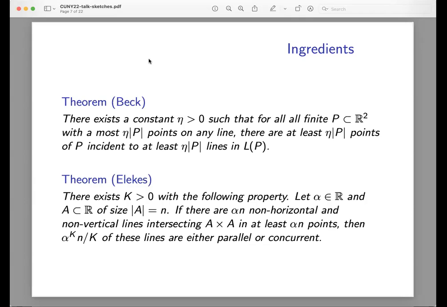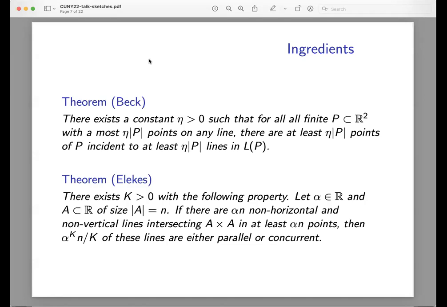This is Beck's theorem. It's called the two extremes because either the point set has many points on a line, or you have many points that are incident to many lines. Somehow, if the point set is random, then you can take eta to be more or less 1.